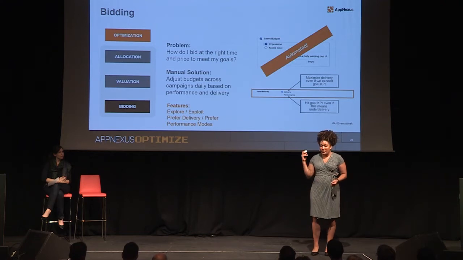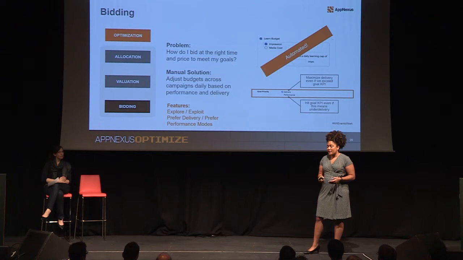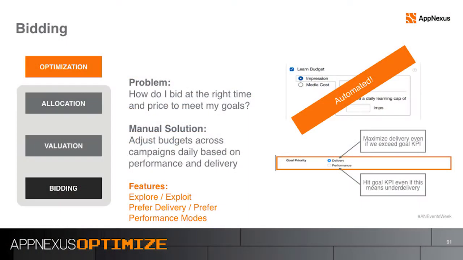But for our part, we're working to automate that as well. And we're doing that in two ways. The first, Explore Exploit, enables you to determine the minimum amount of budget you want to continue to allocate to finding brand new inventory, as opposed to exploiting the inventory you already know will perform.